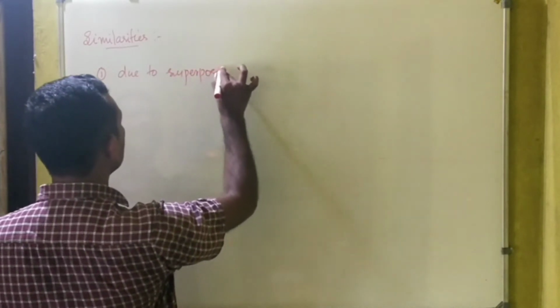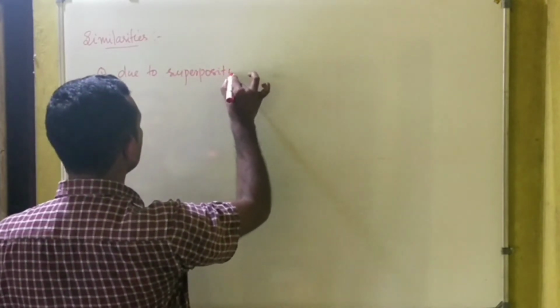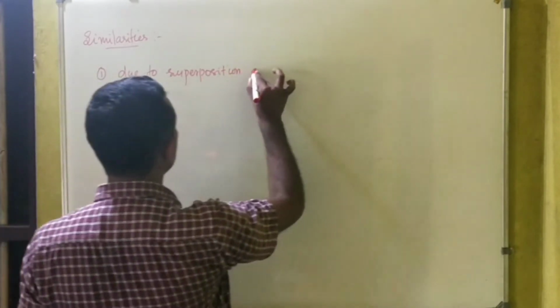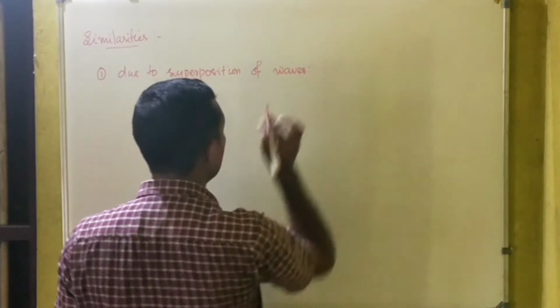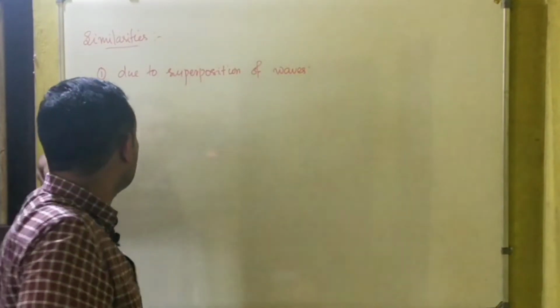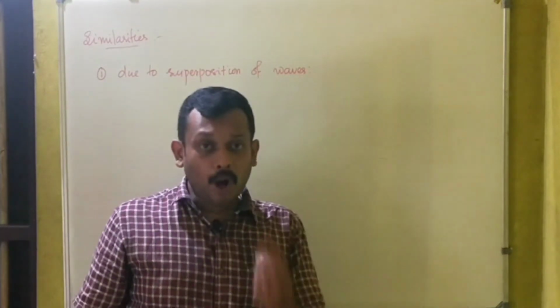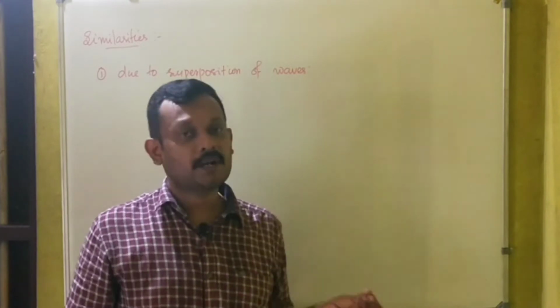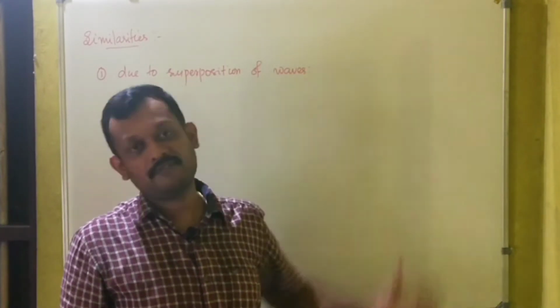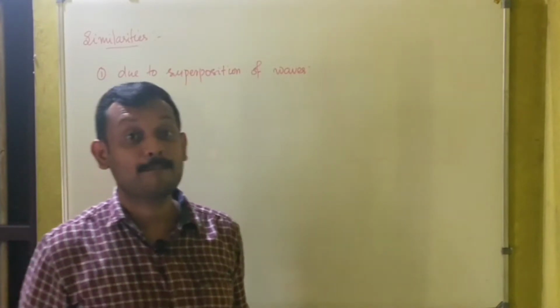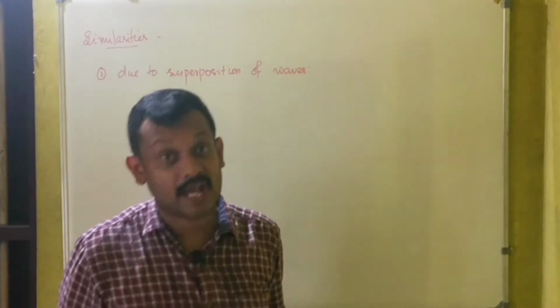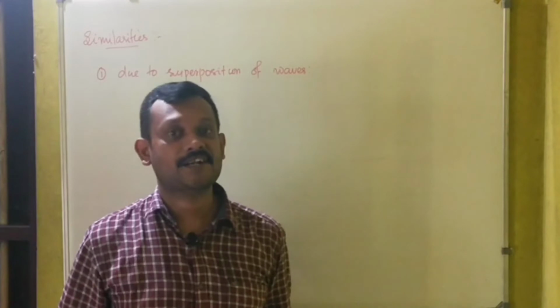I am discussing the single slit diffraction experiment as well as the double slit interference experiment. So both occur due to the superposition of coherent waves, right? That is what we can say as a similarity between interference and diffraction.